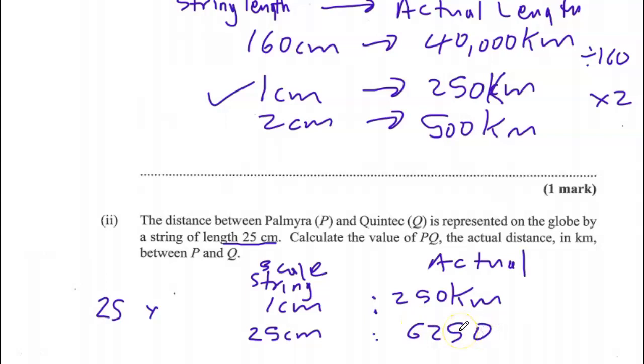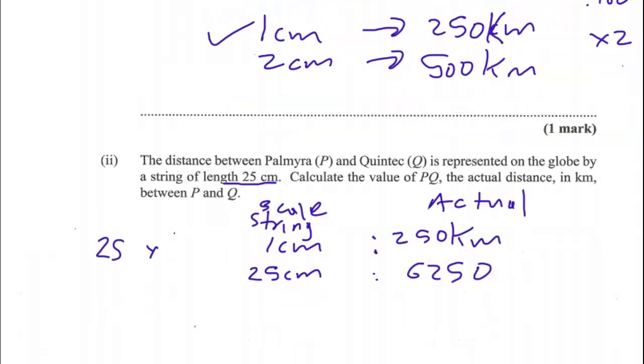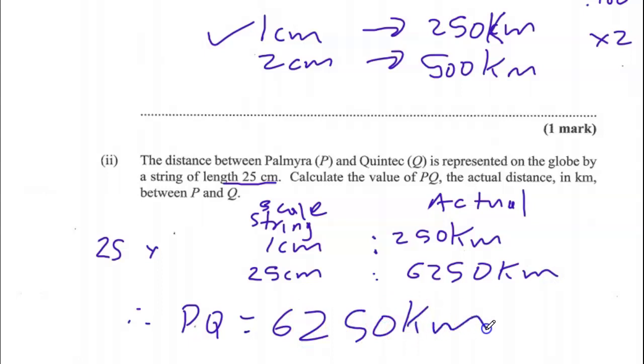So the solution for part 2, the value of PQ, will be 6,250 kilometers.